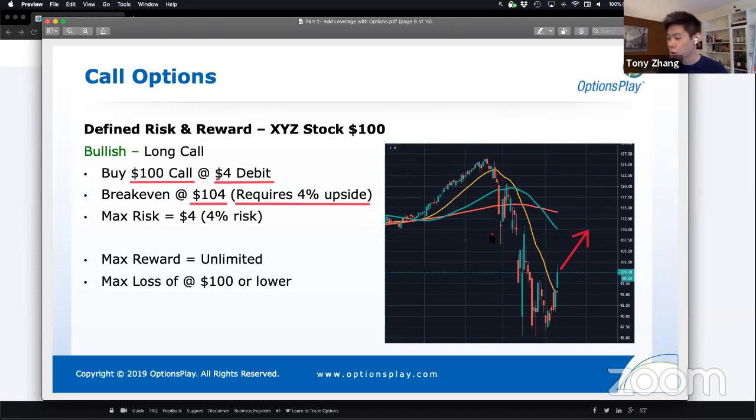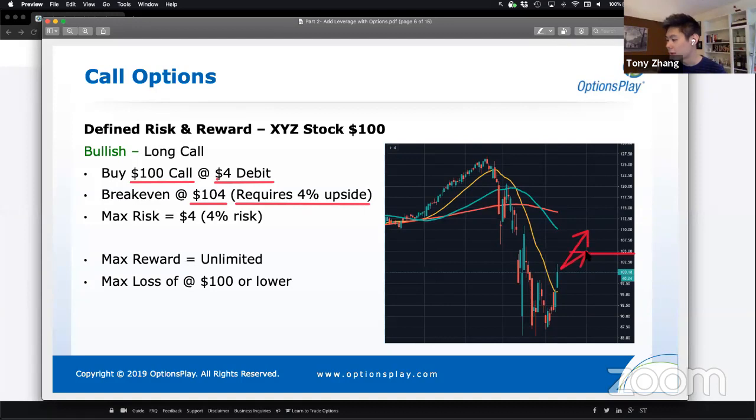So I have to go back to the drawing board, look at the stock itself, and say, by the expiration date, whatever that is, do I think the stock is going to be above 104 or higher? If I think the stock's going to go to 110, then yes, it would make sense for me to buy that call option.